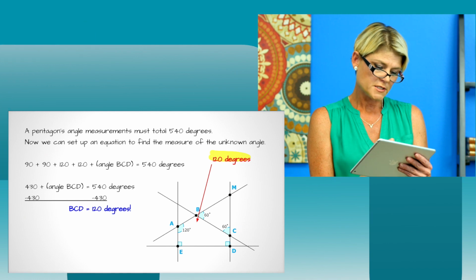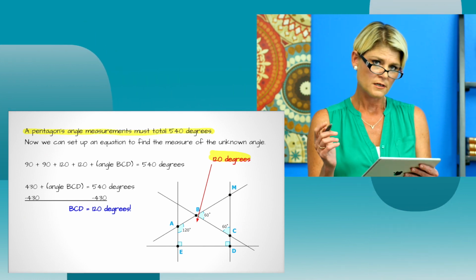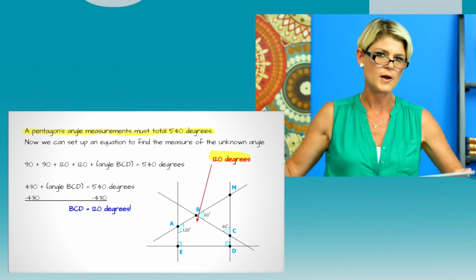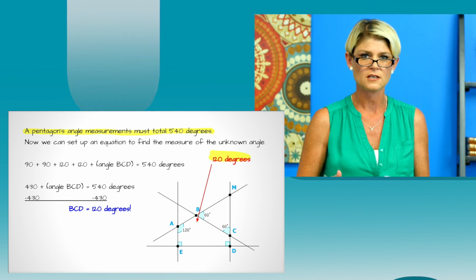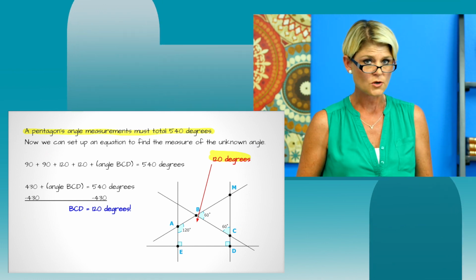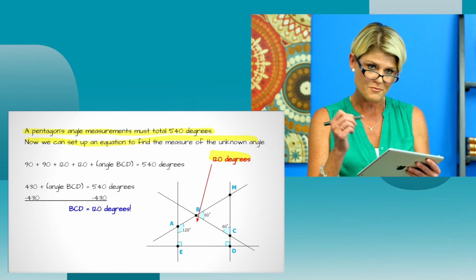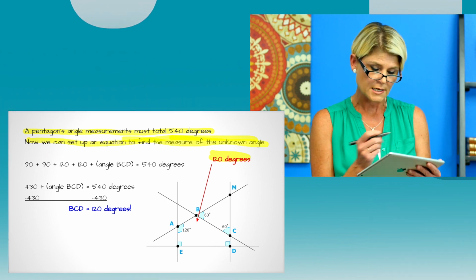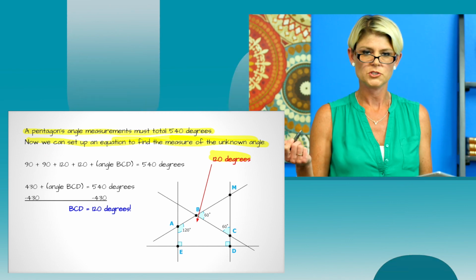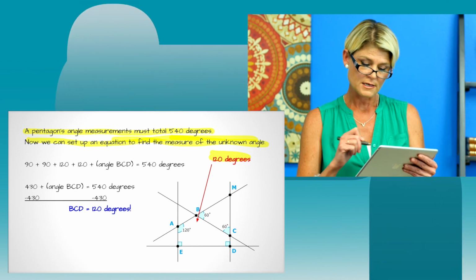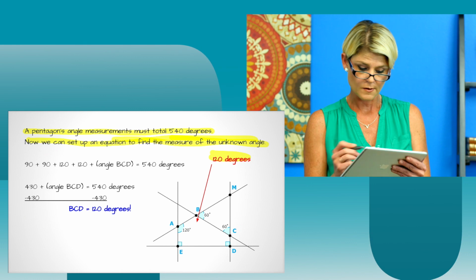Okay, so a pentagon's angle measurements, if you paid attention on the back screen or if you happen to write it down, the interior measurements of a pentagon's angles need to total 540 degrees. So now we have 4 out of the 5 measurements of the angles that we need. So we just need to set up an equation to find the measurement of that last angle.